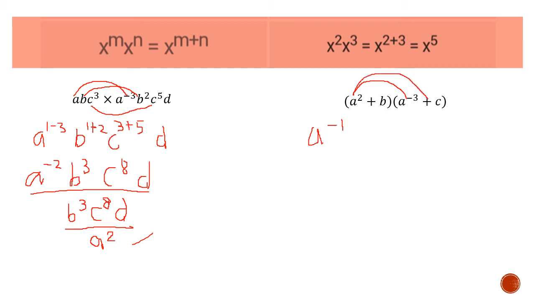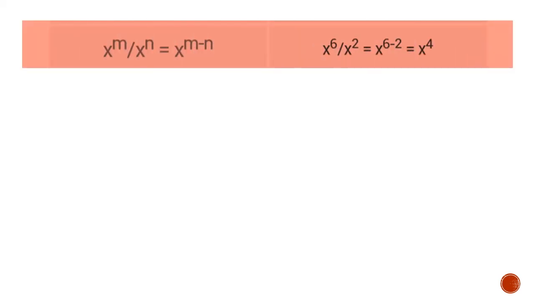Multiply this, we'll have a raised to 2 c plus a raised to negative 3b plus b, and this will be our answer.